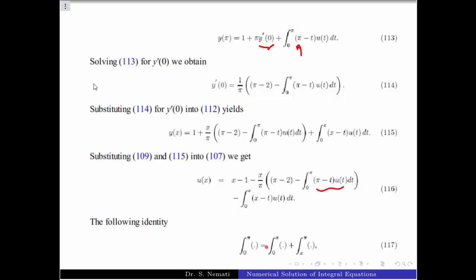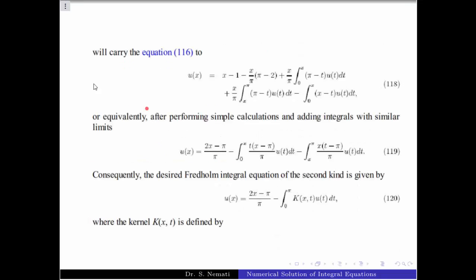So we can use this identity and replace it here, and obtain u of x equals this expression.